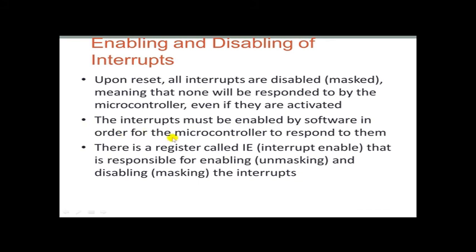That means if you want an interrupt to be responded to, you need to enable it by software. There is a register called IE, the interrupt enable register, that is responsible for enabling, that is unmasking, and disabling, that is masking, the interrupts. For masking or unmasking the interrupts, we make use of the IE register, which is very important.